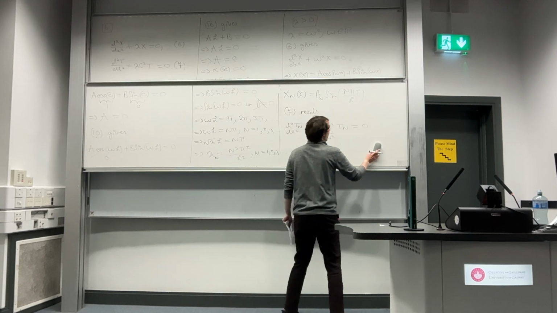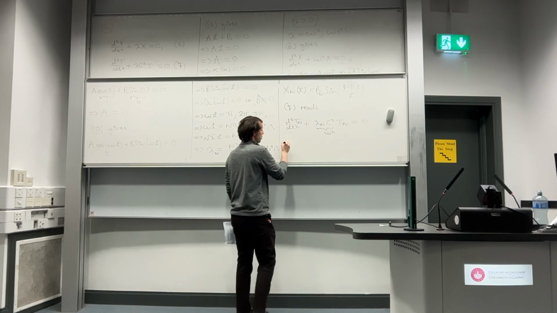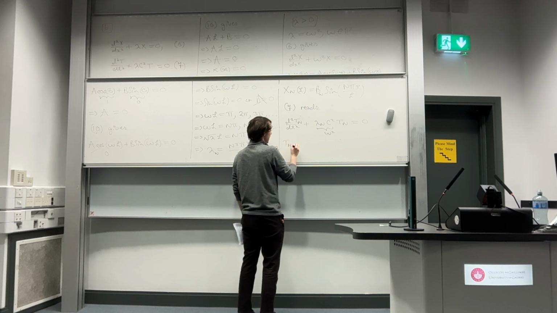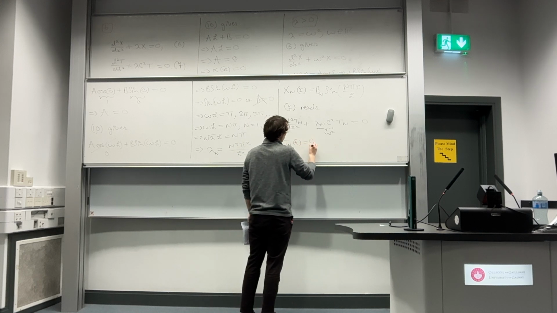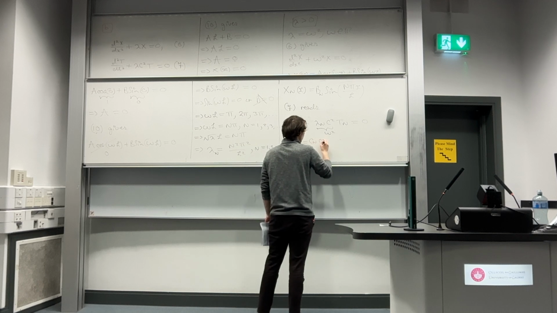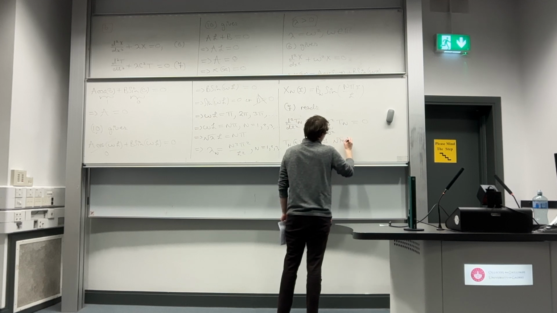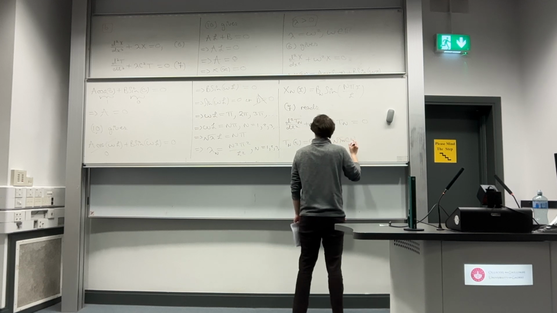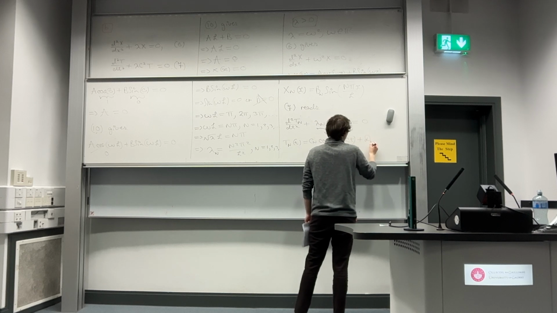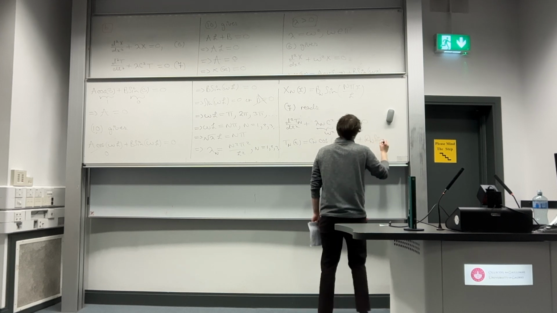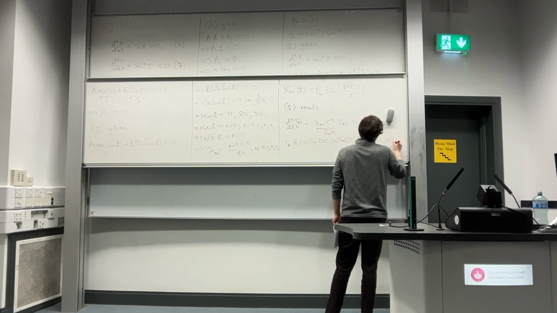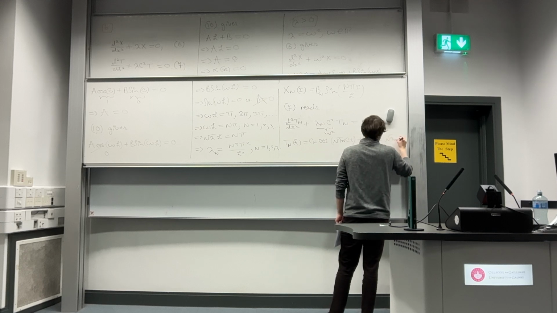So we can easily write down the solution to this equation. The solution is Tn of t is equal to Cn cosine of the square root of lambda n times ct plus Dn sine of the square root of lambda n times ct.